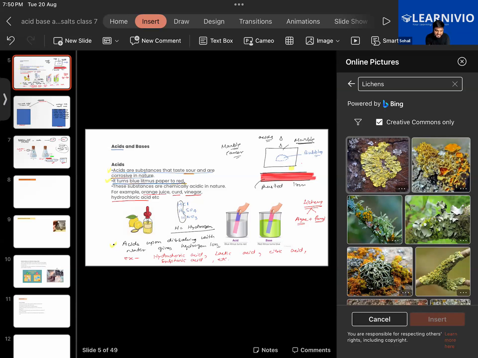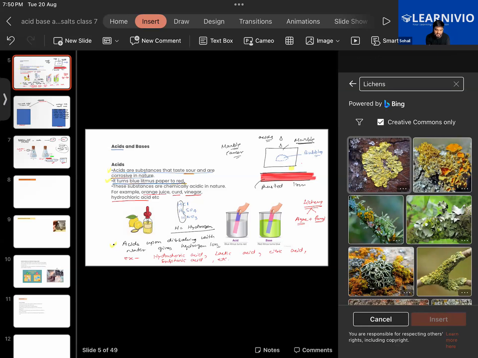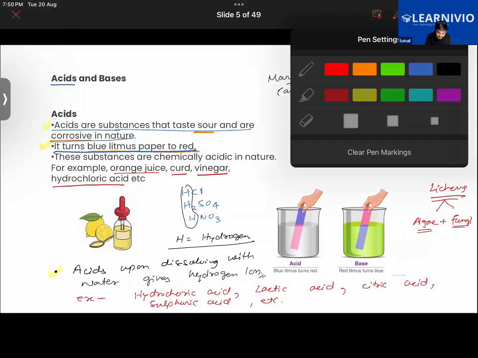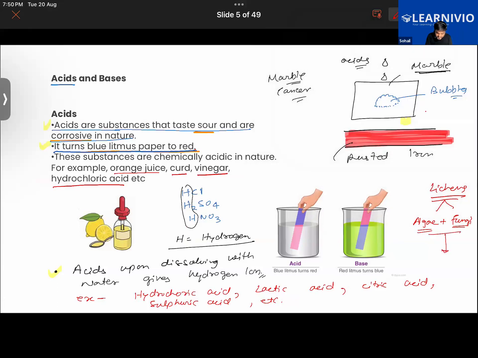Using these lichens, we take some lichens, and they are first of all dried, and then later on we make papers out of it. Using these lichens, we make litmus paper. Now this litmus paper is dyed into two different colors.